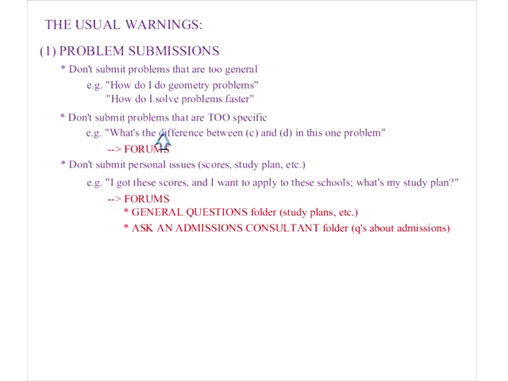We still tend to get lots of problem submissions that are way too specific or too general. So here's the list of what we don't want to see. What should we see? Basically two things. The first thing is we want to see topics of intermediate depth.